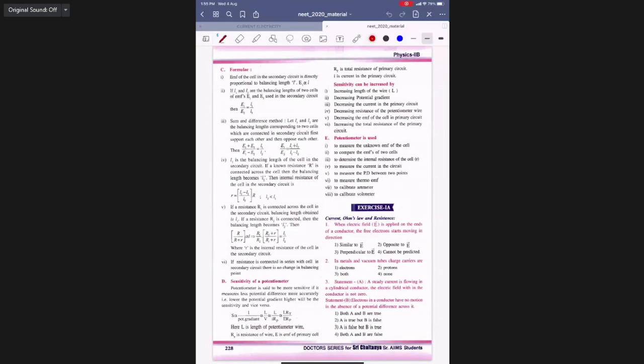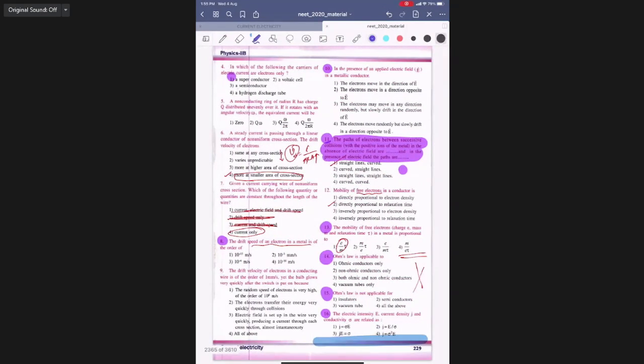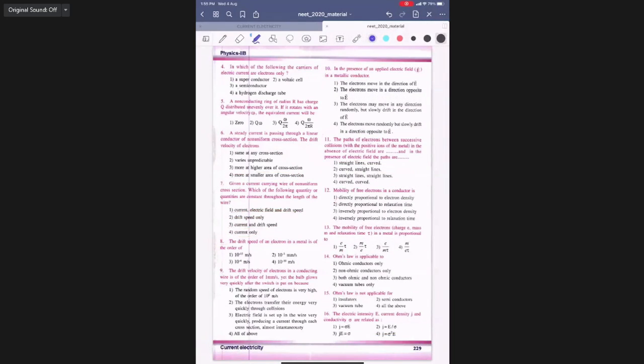In this one, you have up to drift velocity, no? Up to 13 you have.